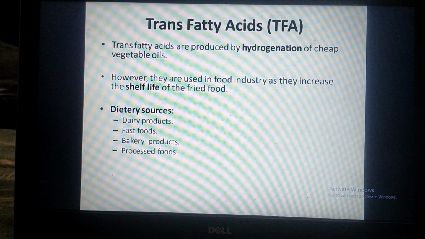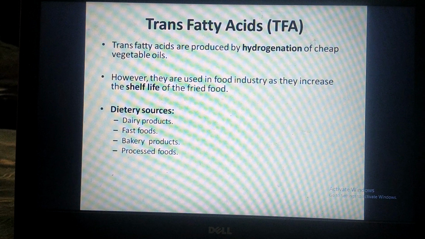Now, trans fatty acids. Trans fatty acids are generally produced by partial hydrogenation of cheap vegetable oils. Why are these prepared? Because, as I have told you, in the vegetable oils mainly unsaturated fatty acids are present.